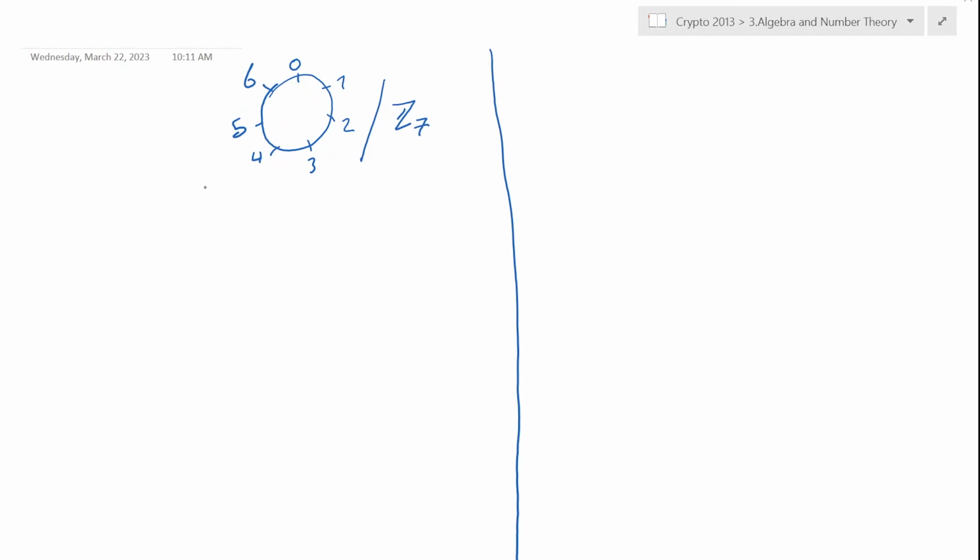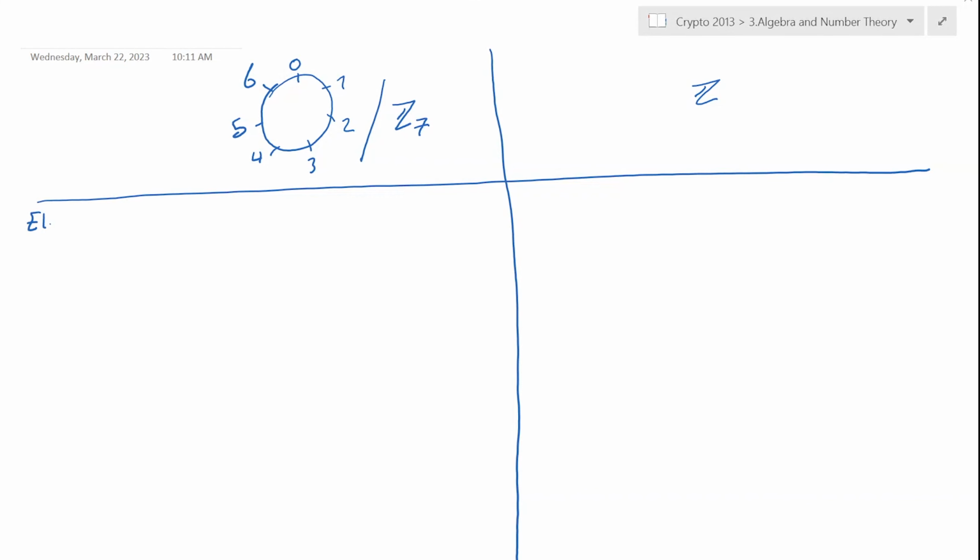Imagine that I want to compare that one with the set of integers that we always use to add, subtract, and do all sorts of computation on a daily basis. Looking at these two sets, the first thing I see is that they have some elements.